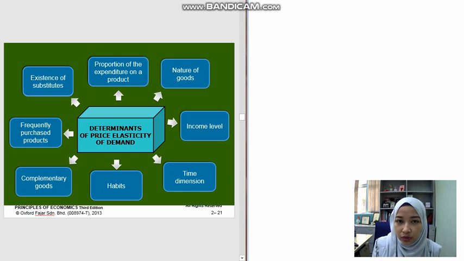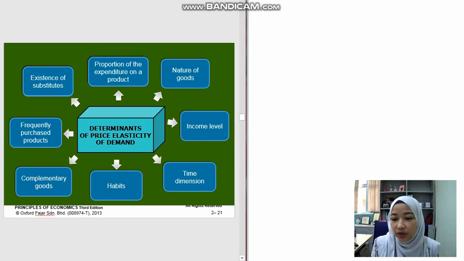In order to operate your printer, you need to have ink, which is usually sold separately. So even if the price of ink increases, the demand for ink will not change as much, because if you need to use your printer, you still need to buy the ink.